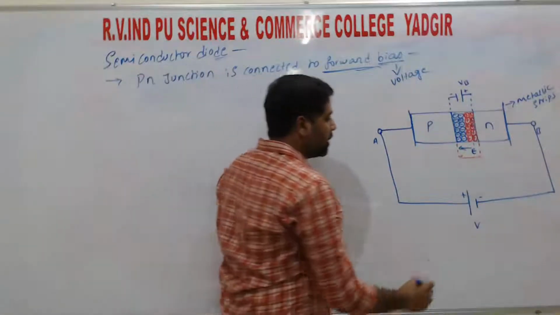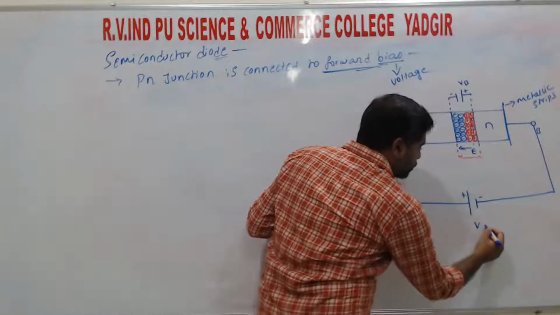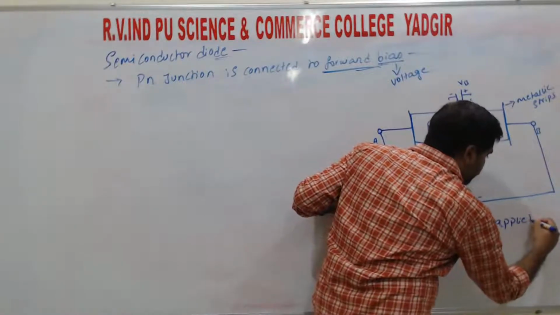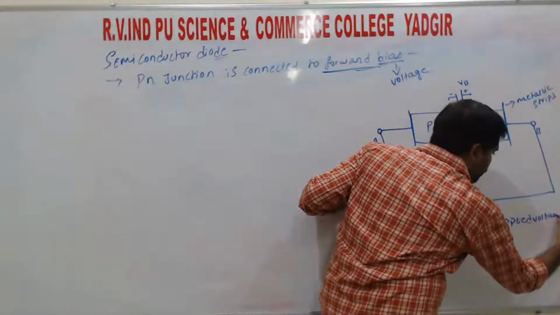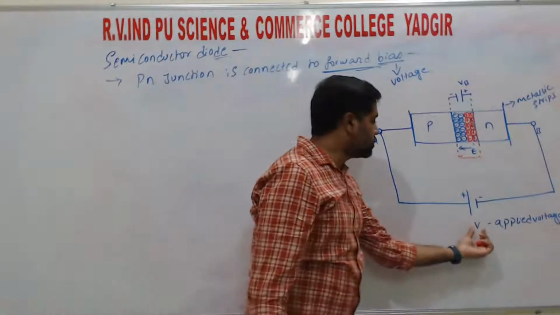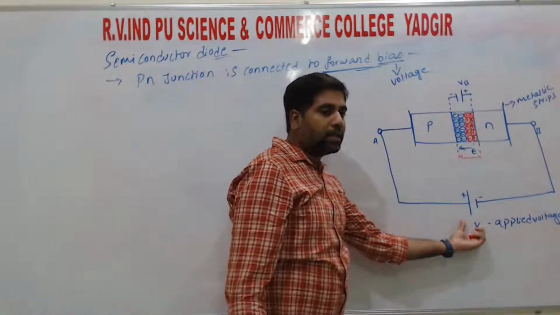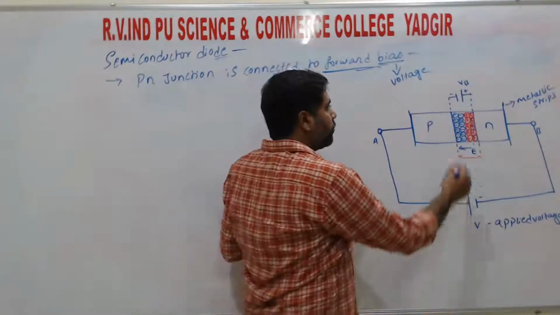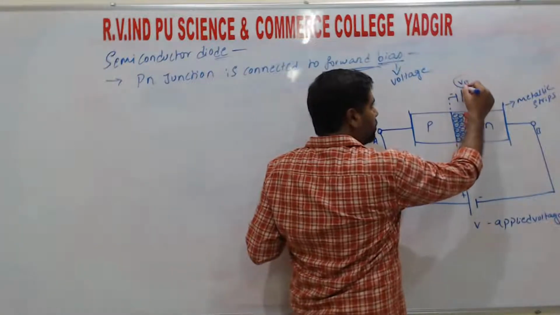Now if you observe here, this one is the voltage. This voltage we call the applied voltage, right? This one is the external source. We are going to apply the voltage to this semiconductor, right? Now if you observe here, already we have one potential.